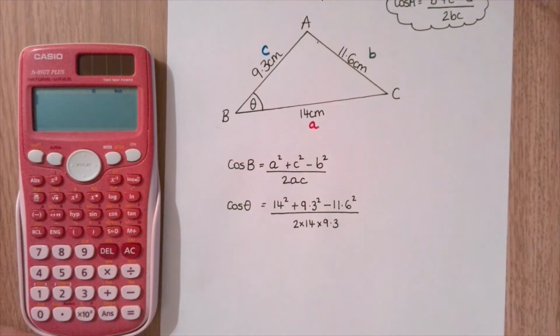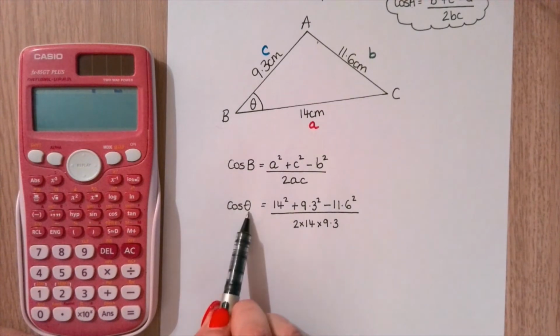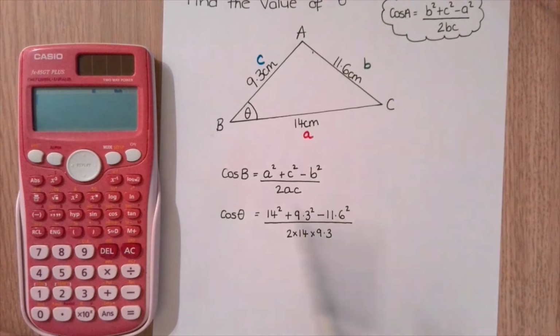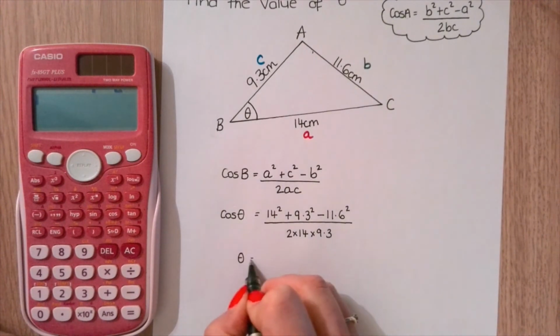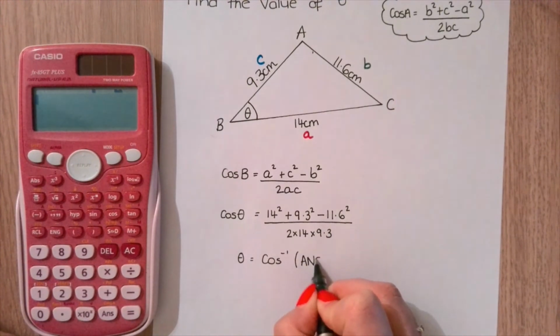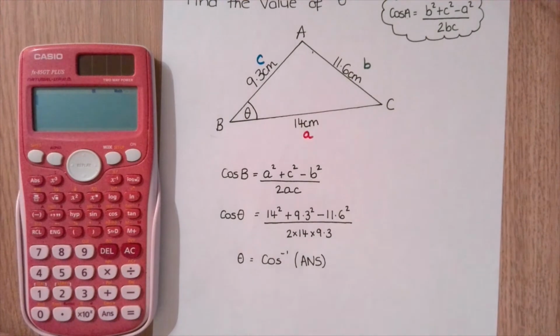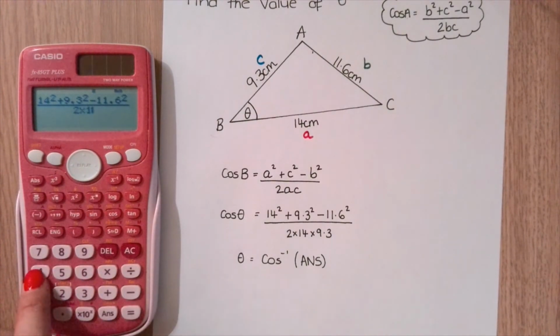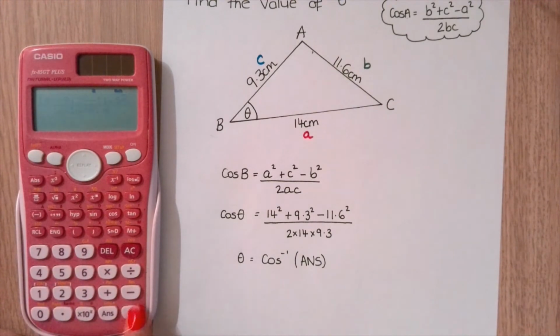Again, like I had with the sine example, I'm not asked for cos theta in the question, I was asked for the value of theta. So to do this, I'm going to inverse cos of the answer that I get when I type this into my calculator. So typing this into my calculator, I'm going to use my fraction button. 14 squared plus 9.3 squared minus 11.6 squared over 2 times 14 times 9.3.